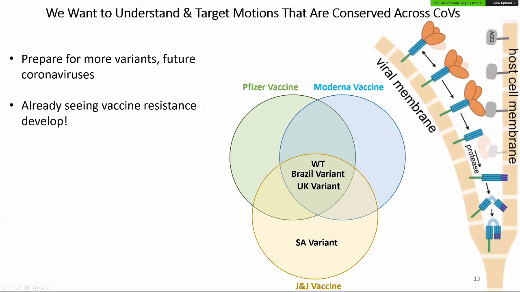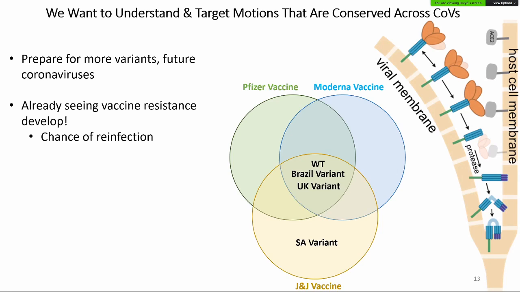The Johnson & Johnson vaccine didn't lose nearly as much efficacy, but we're watching in real time as this sort of vaccine resistance emerges, and this Venn diagram could look very different in another 6 months if we don't roll out the vaccines as effectively as we probably should be.